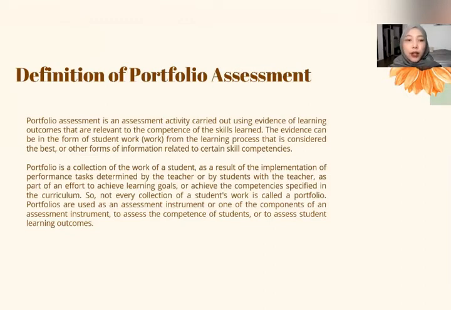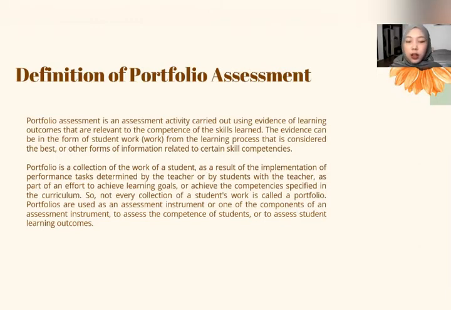A portfolio is a collection of the work of a student as a result of the implementation of performance tasks determined by the teacher or by the student with the teacher, as part of an effort to achieve learning goals or the specific competencies in the curriculum.